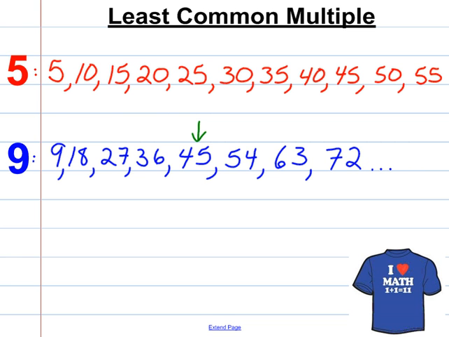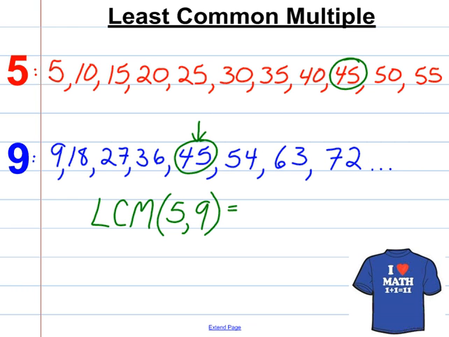Now, when I look at these two lists of numbers, I see something. Remember at the top, they all ended in 5 or 0? Well, look at the multiples of 9. This one stands out to me because 45 ends in 5. There's no other number in this list that ends in 5 or 0. So right off the bat, that's a hint.